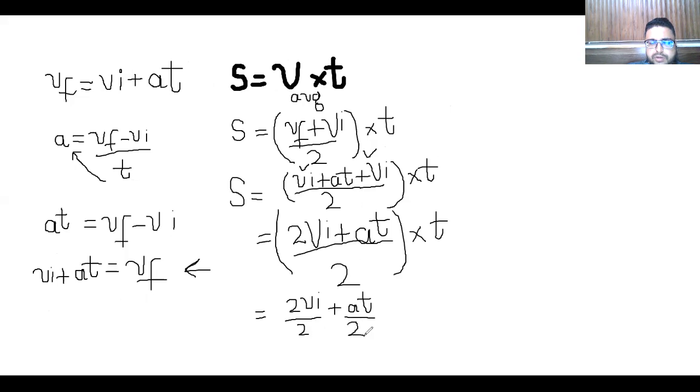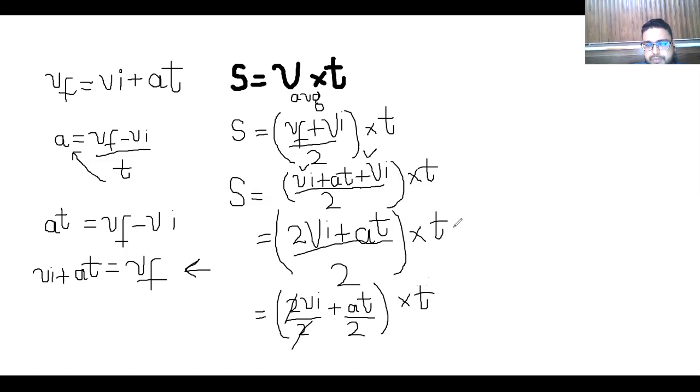So 2 is in the whole division, so we can divide from here, and don't forget again to use the brackets, multiply with time. So we know that 2 is here both in numerator and denominator, so it will be cancelled. Okay, further we can start here.